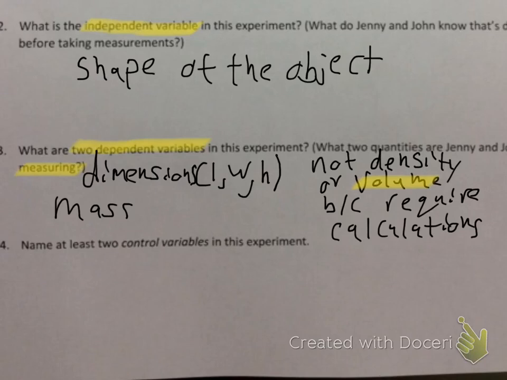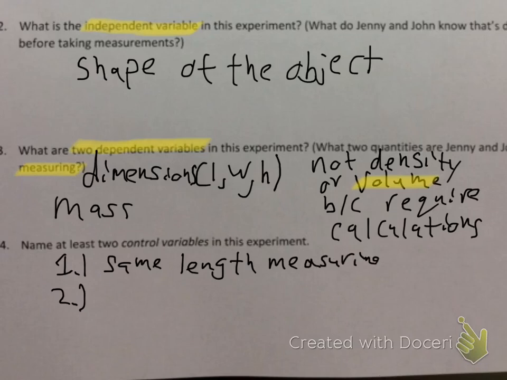And there's a few controls that we could use, but I would say two of the easiest ones that we could use is same length measuring tool, which is the meter stick.